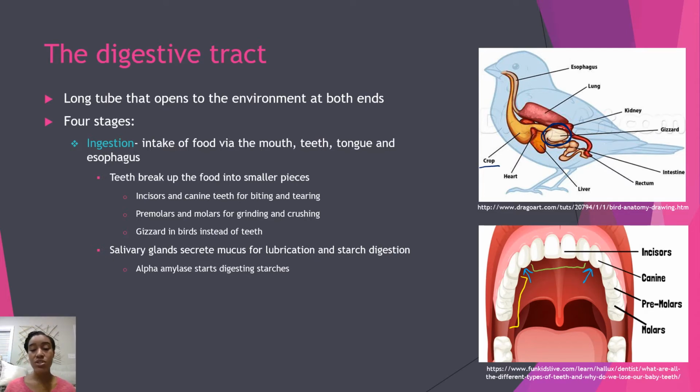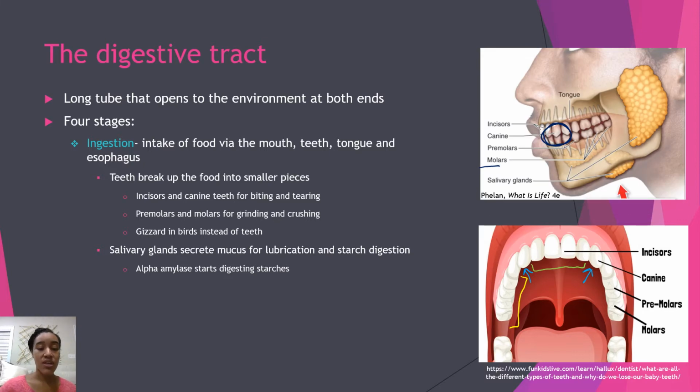In addition to teeth being involved in the process of ingestion, we also have our salivary glands, and you can see those in this picture here. This is a salivary gland, and then you see them on the other side of this picture as well. The salivary glands are responsible for secreting mucus, and this mucus helps to lubricate the process of eating.